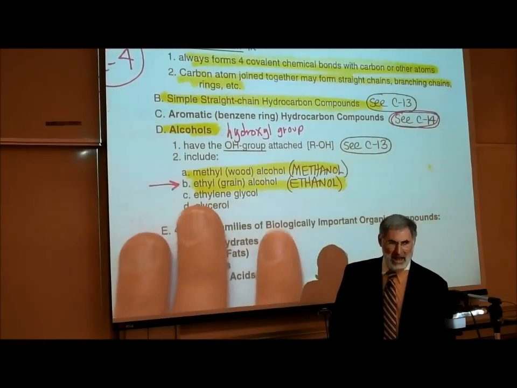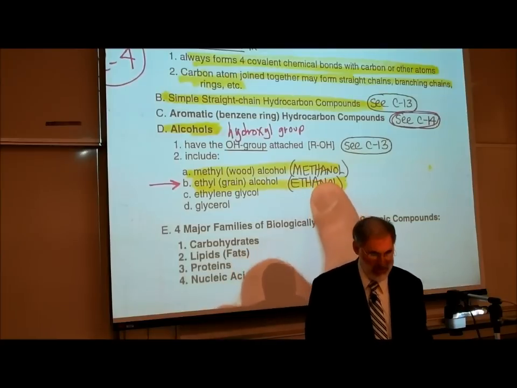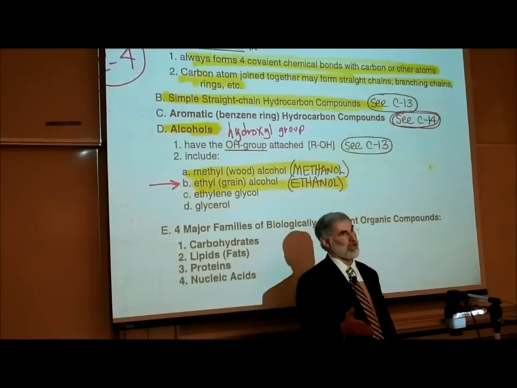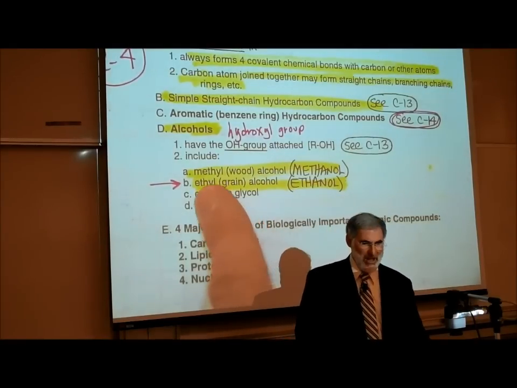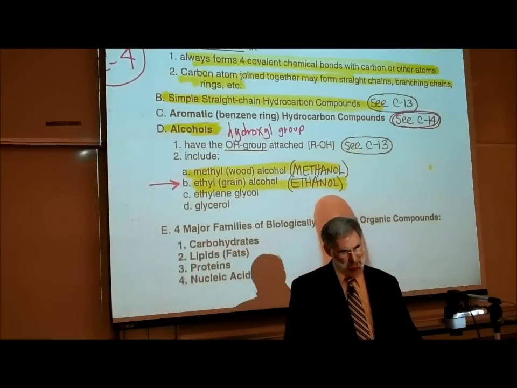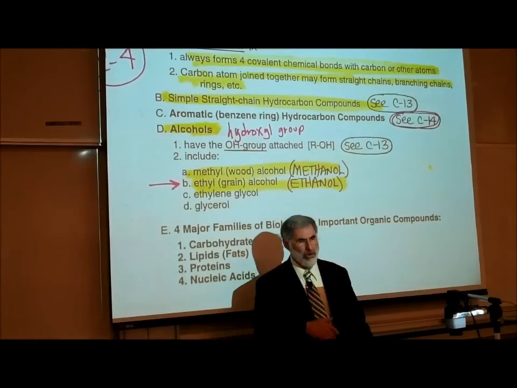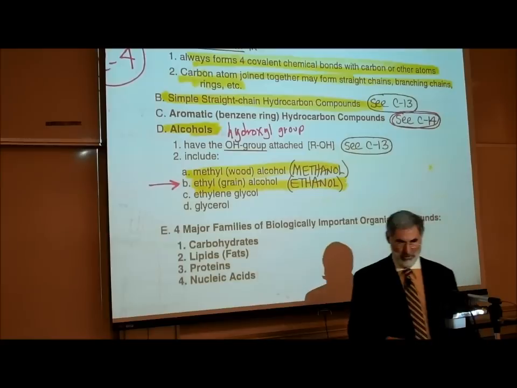And there's not just one alcohol, there's methyl or wood alcohol, also known as methanol. They use that, as many of you know, to power vehicles nowadays. Methanol, you've heard of methanol, as a fuel. There is grain alcohol, or ethanol, that's the one we drink. Ethylene glycol, glycerol. In fact, if it ends in OL, it is an alcohol.